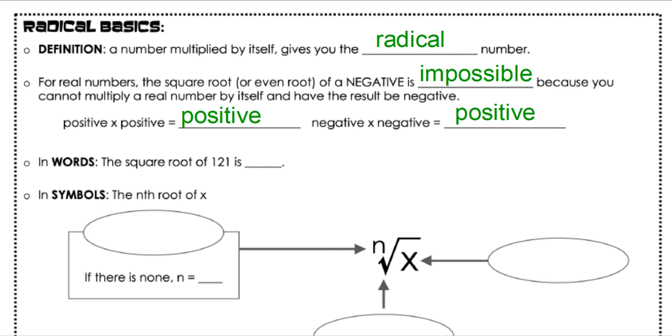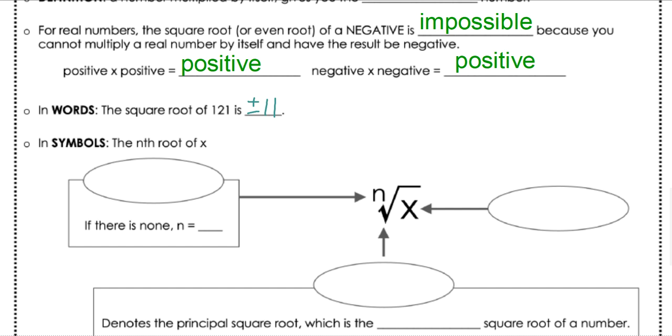So in words, when we say the square root of 121 is plus and minus 11, we have to get the positive and negative of that number. And in symbols, this diagram kind of shows what the nth root of x looks like. So we have our root here, the n there that this arrow is pointing to, that represents what's called the index. So it's the type of root that you are taking.